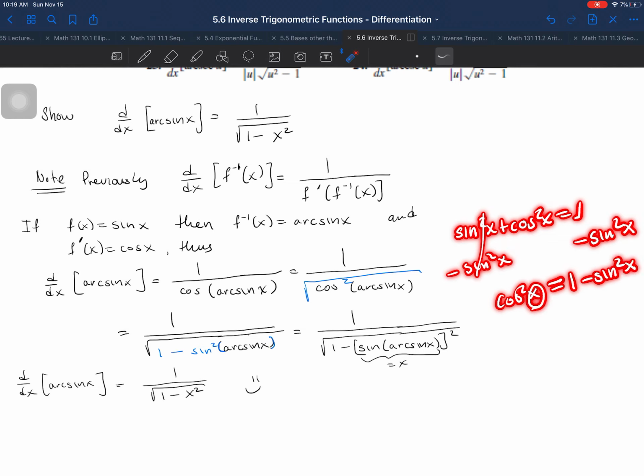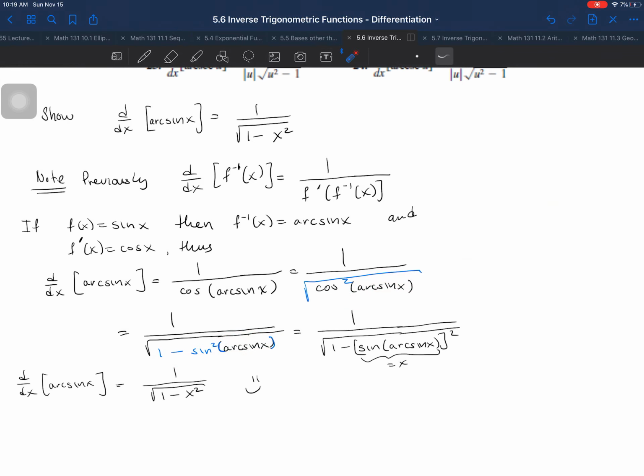So whatever's in here, I'm going to put in here, and I'm going to use this identity. If you guys notice, I have the cosine squared of something, and I'm going to rewrite this as 1 minus sine squared, keeping the same input inside. That's what I did here.